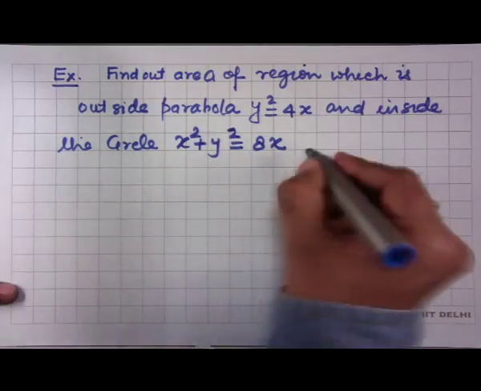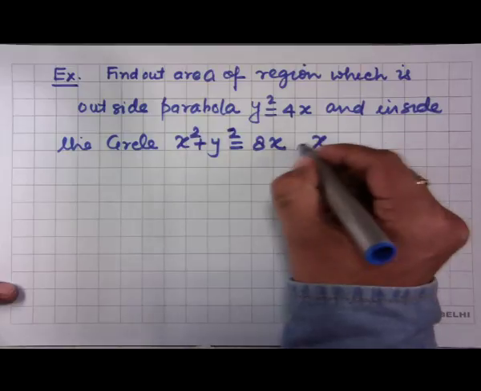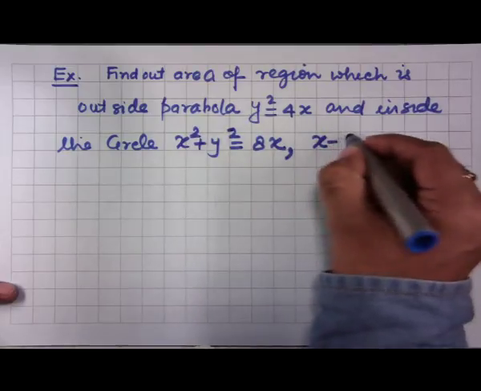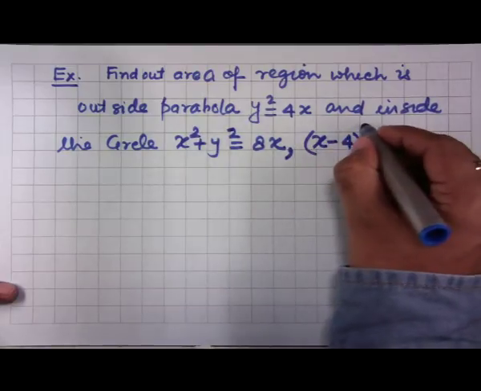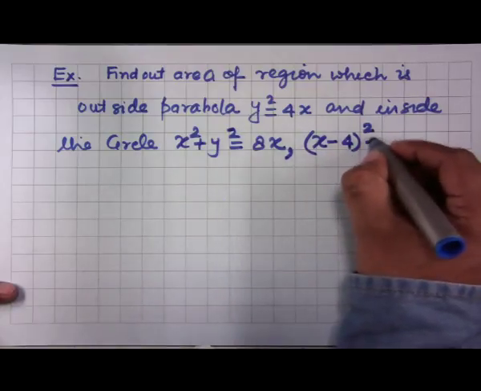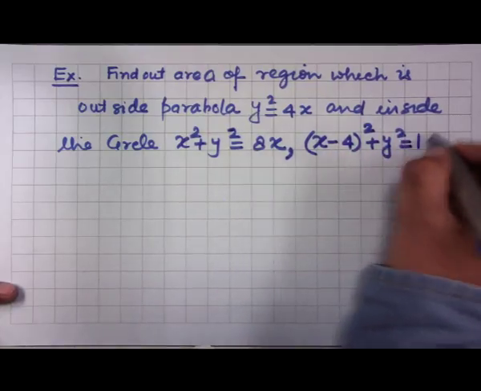So, this equation of the circle can be written as x minus 4 whole square plus y square equals to 16.